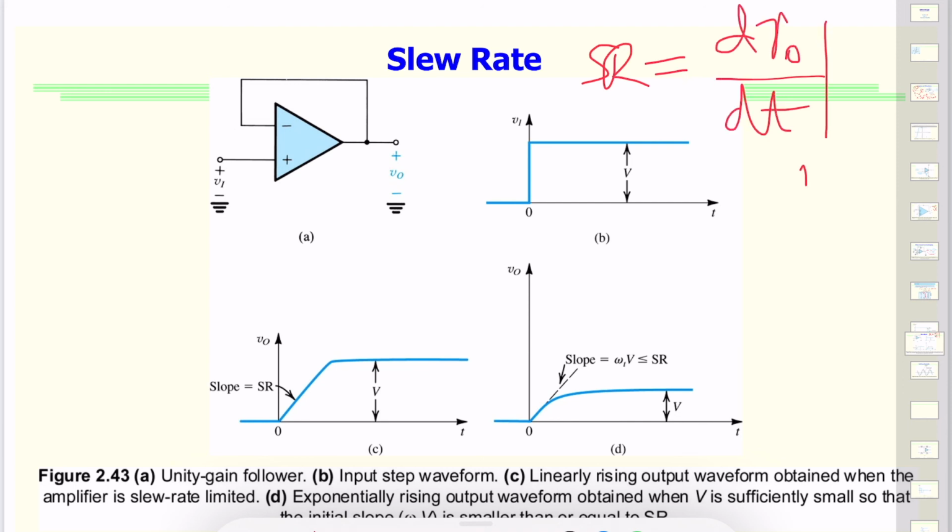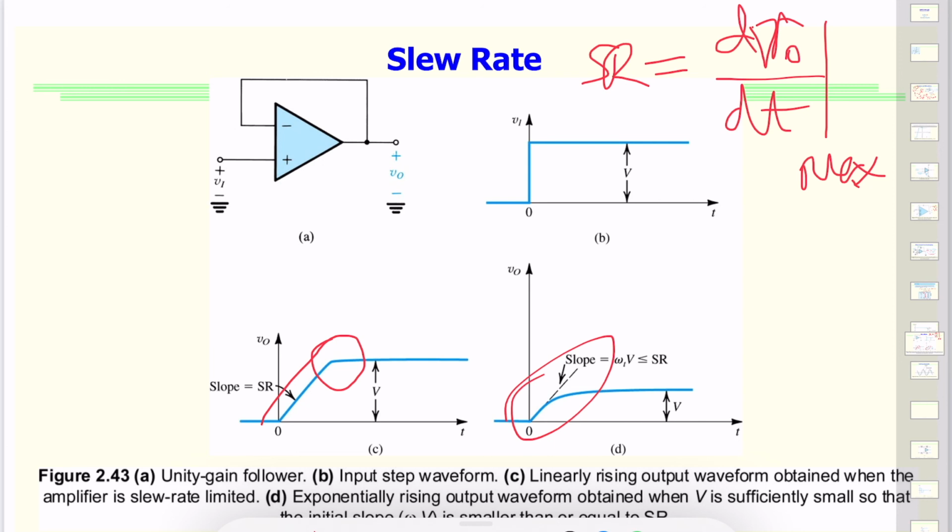How fast can we change the signal so that our output can follow it? We may have an abrupt change, but our signal cannot follow that kind of abrupt change. So we see a much slower, gradual change.